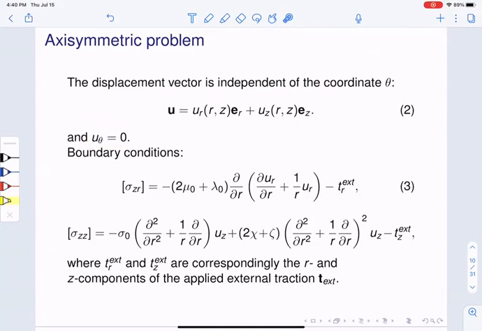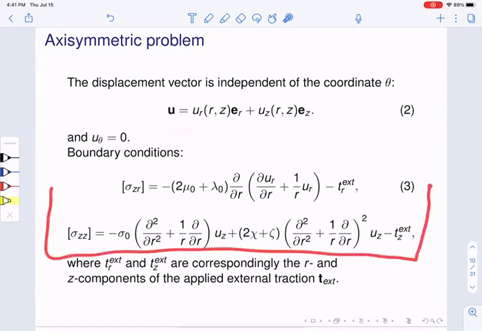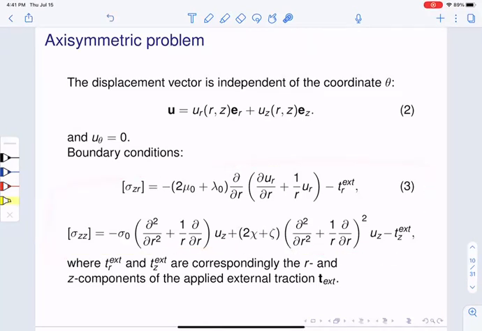So this is a simplified three-dimensional model, essentially, which again reduces to two dimensions. So if we use this simplified displacement vector and we substitute everything back into our equations, then these are the boundary conditions which we get. Again, you can see that there are some second order differential operators here. There is a fourth order differential operator, which again comes from the Steigmann-Ogden model.